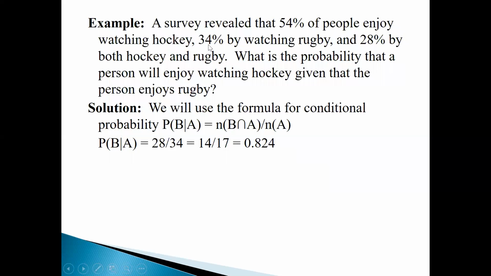How many liked rugby? That was 34%. So 28 divided by 34, we can reduce to 14 over 17. Or if they wanted it to 3 decimal places, 0.824. So sometimes you're going to have to go from percentages and just use the numbers, and then you can get your probabilities from there.